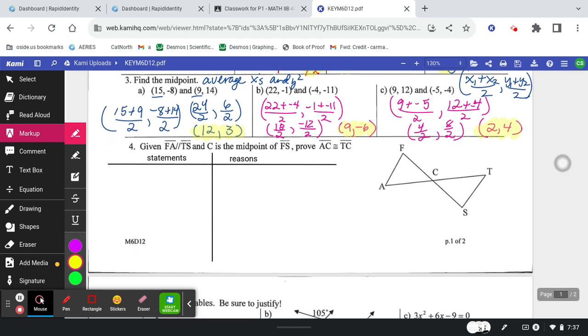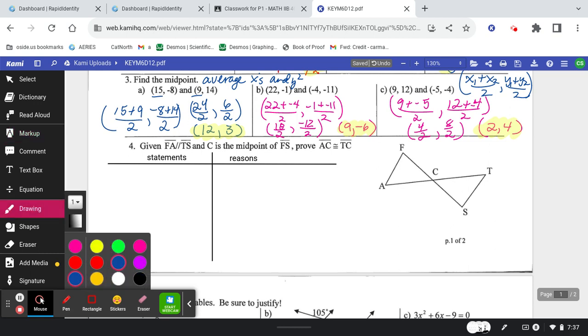All right, last but not least on this page, let's do one proof. Start with the givens. The first given says that FA is parallel to TS and C is the midpoint of FS.